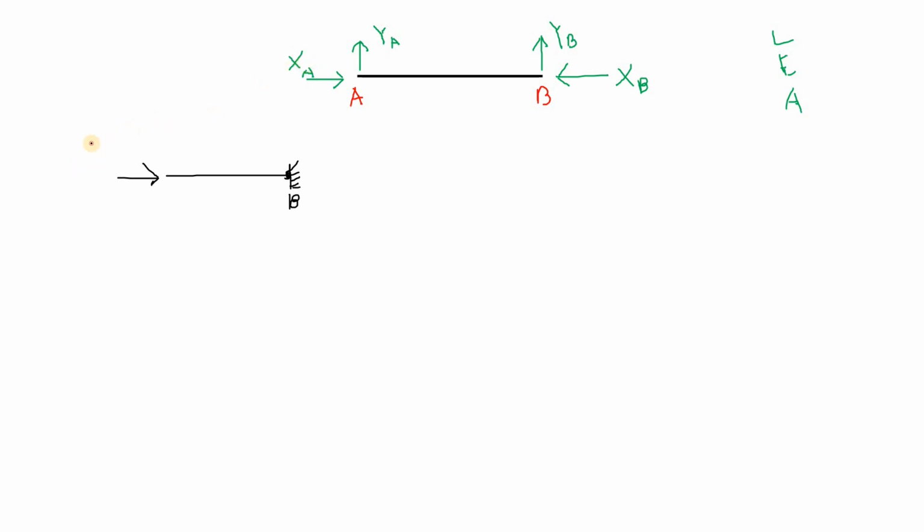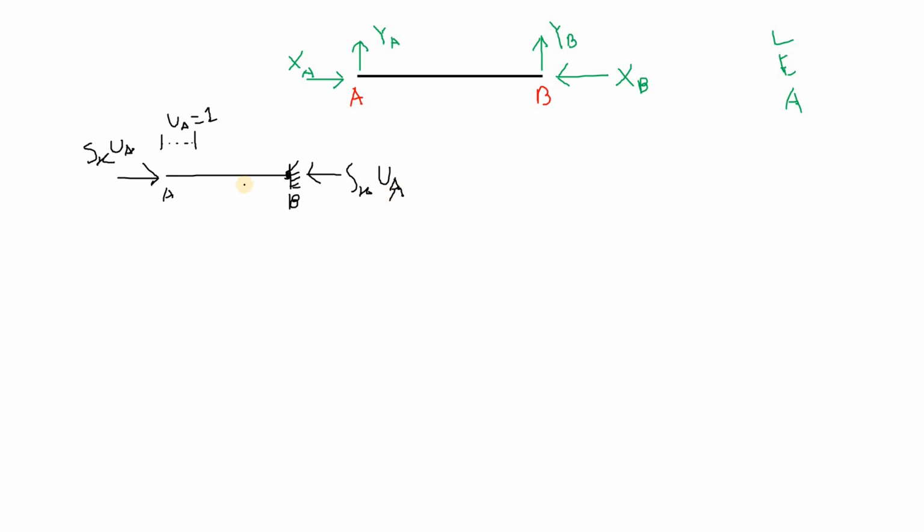So instead of XA, we're going to write Sx UA. This is the force right over here, and let's say that this deflection UA equals 1 unit deflection. So if the force is being applied here, another counter force is going to come up at point B. We're going to write that force, and it is going to be equal to this particular force. That is why it's going to be Sx UA.